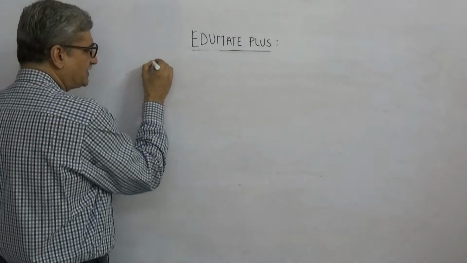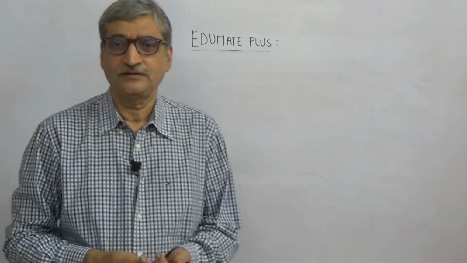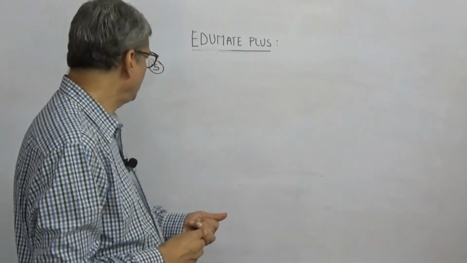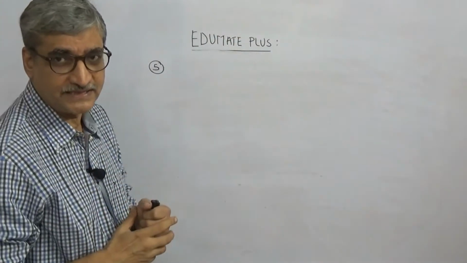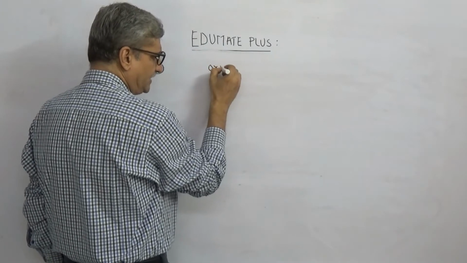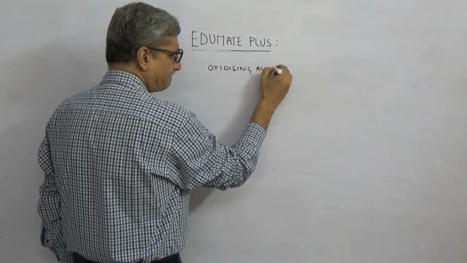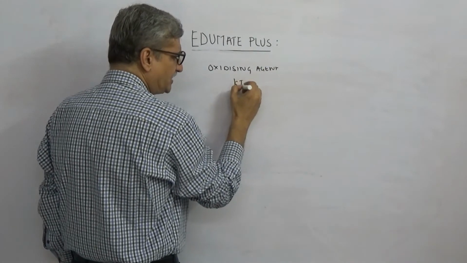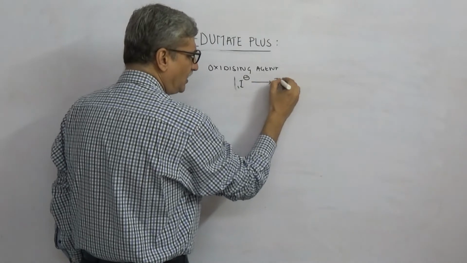The fifth question of the second video of tidbits in chemistry. Normally when you talk about an oxidizing agent, any oxidizing agent generally always oxidizes potassium iodide, that is iodide, to iodine.